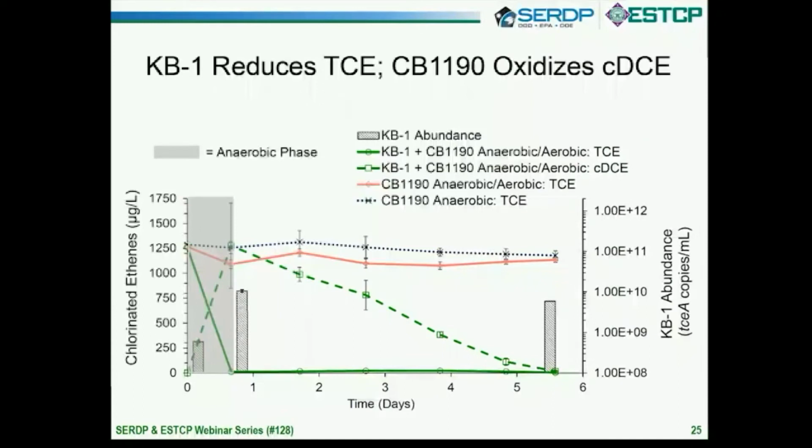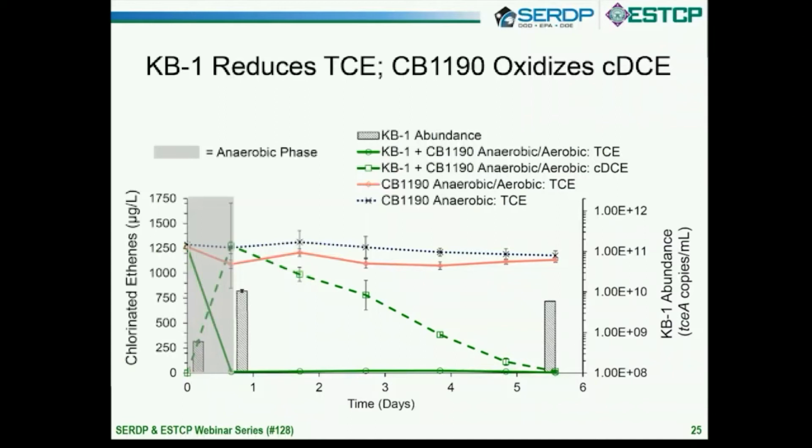So let's dive into the results. What I'm showing you here is time in days on the x-axis and concentrations of chlorinated ethenes in micrograms per liter on the y-axis. The gray shaded region towards the left side indicates the anaerobic phase, and that was selected until TCE was degraded to below detection. That's shown in the solid green line. That is TCE.